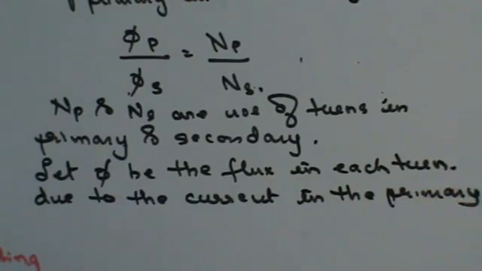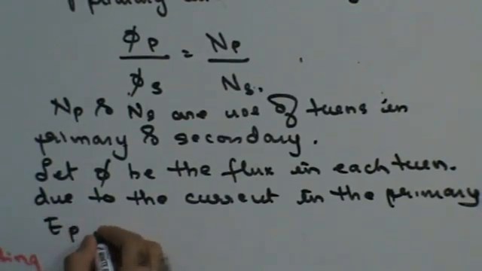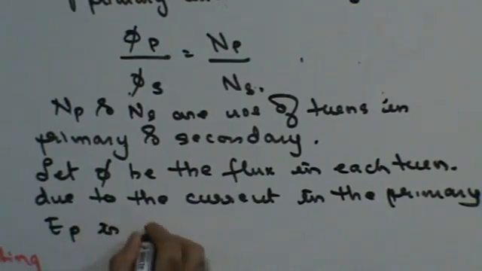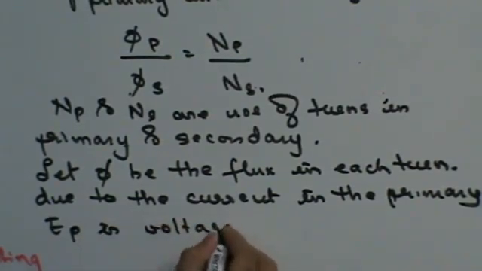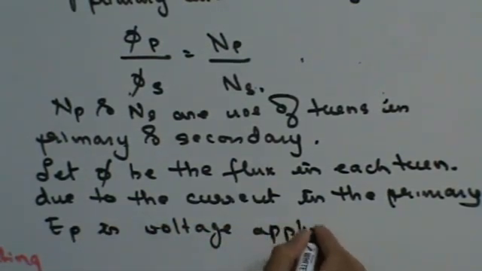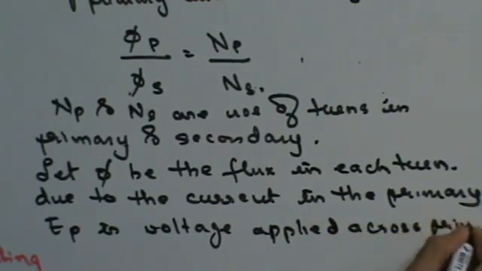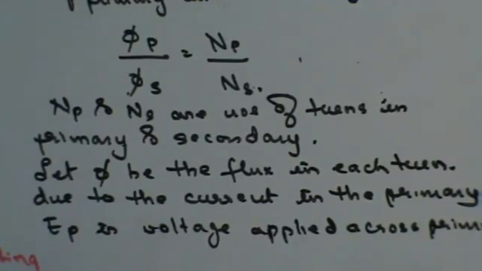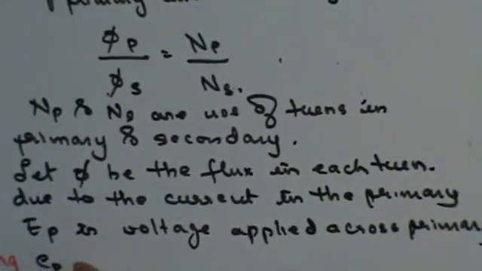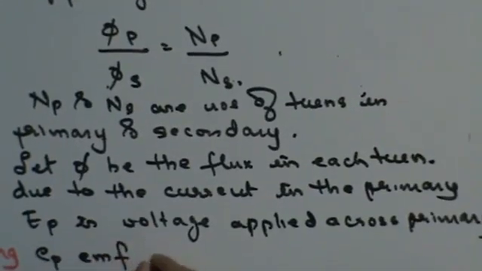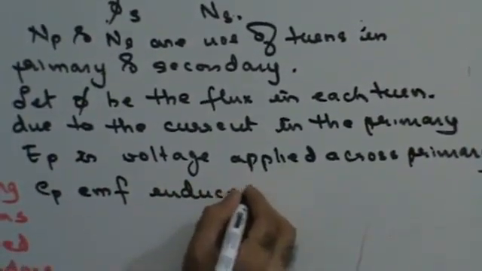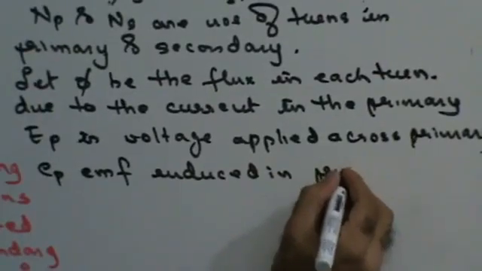Right? And let us also assume that capital EP is the voltage applied across primary, and small ep is the EMF induced in primary.